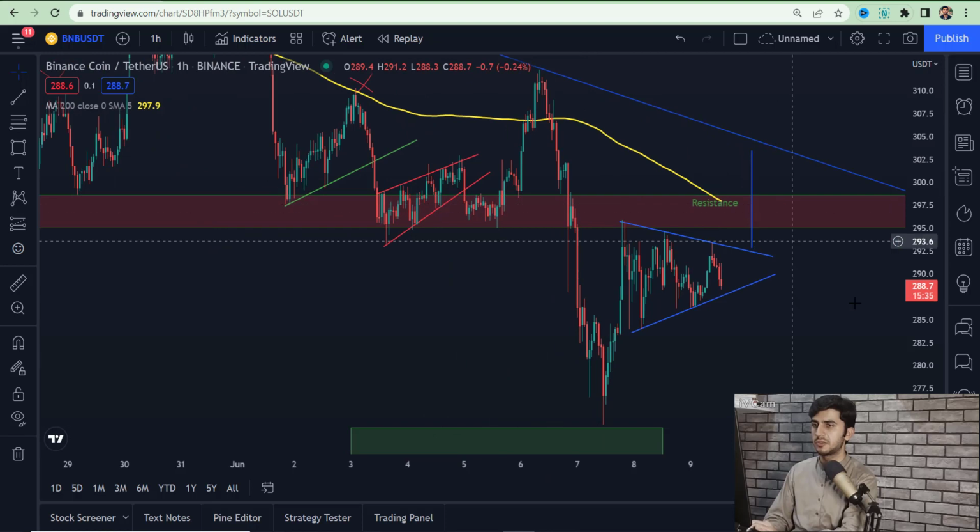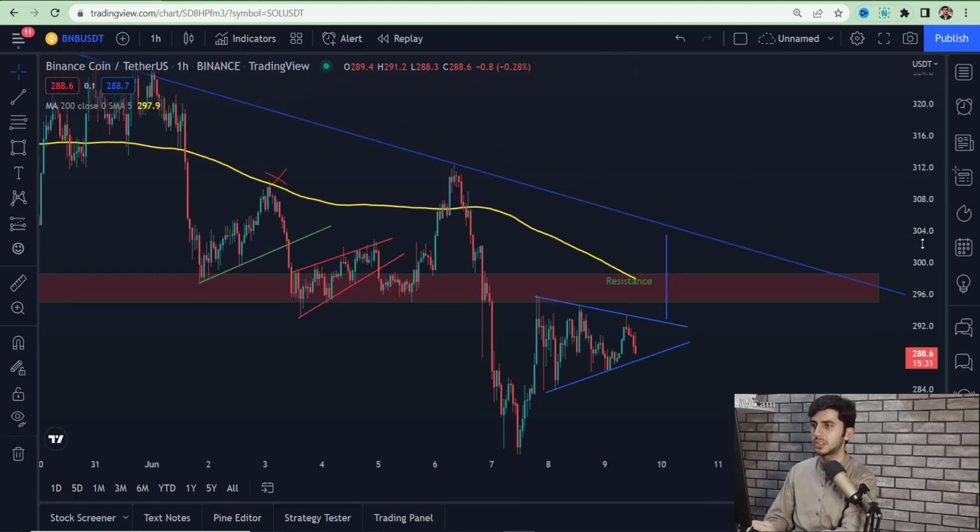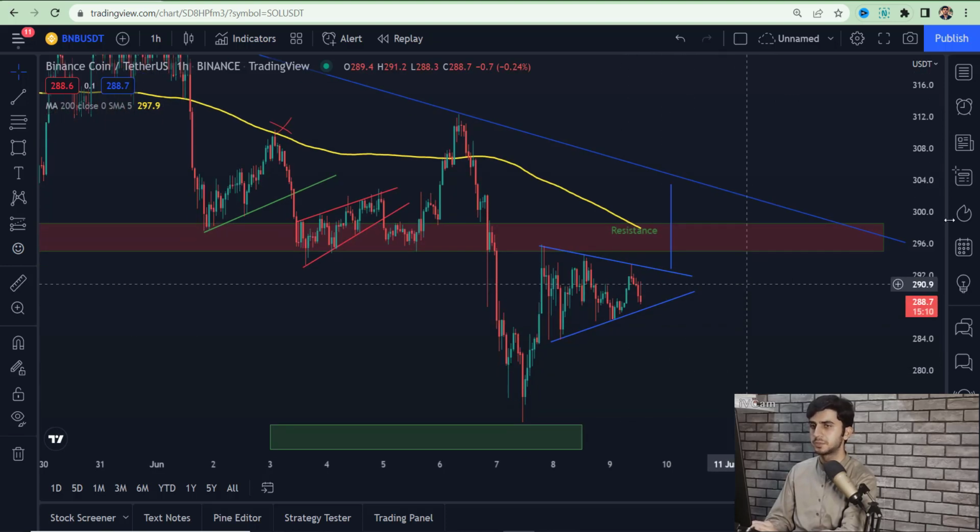If it breaks above this and the 200 moving average as well, and you get a retest, a confirmation, not like this one. This was a clear deviation. There was resistance, it broke out, rejected from that place, and it came back down. So if it is going to cross this 200 moving average, which is exactly at the resistance zone, and it breaks this zone, that means the two resistances are broken, and you can count on this one as well.